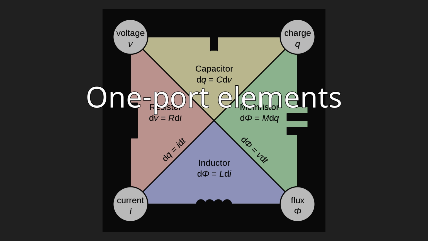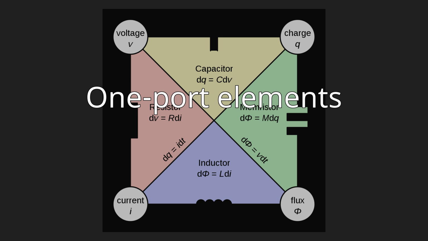Capacitance C, measured in farads, produces a current proportional to the rate of change of voltage across the element. It relates charge and voltage according to the relation dq = C dV.